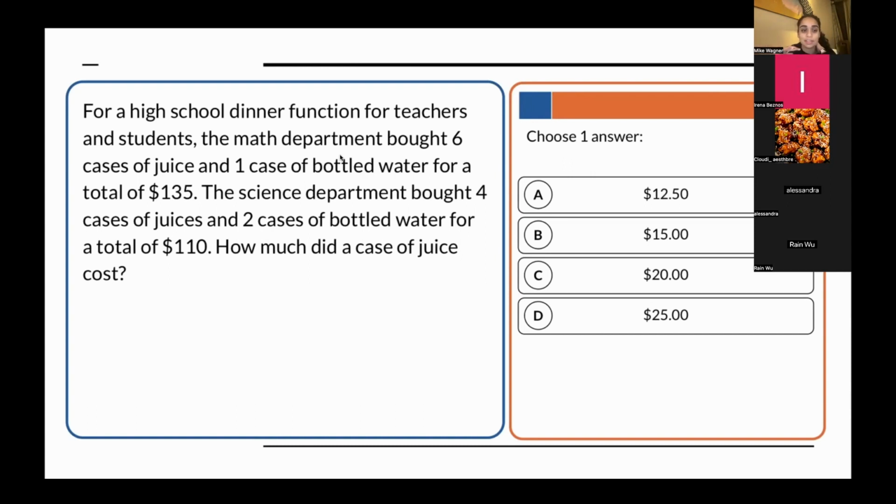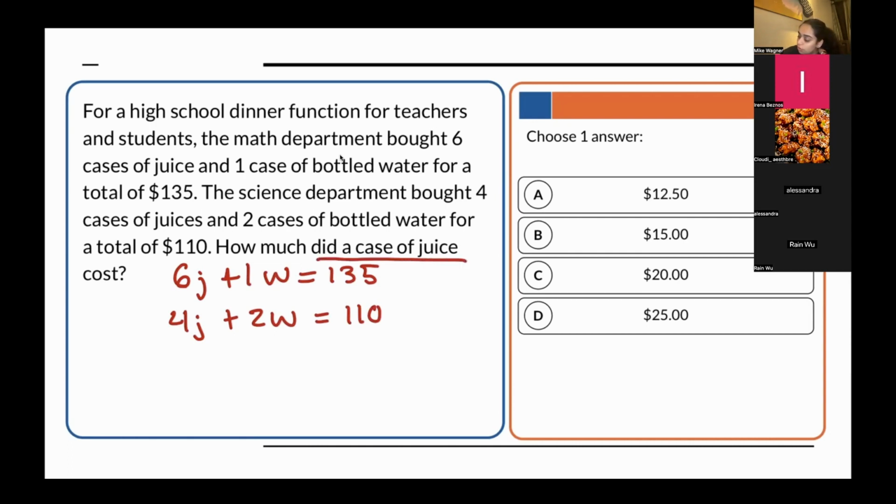Sometimes word problems just give us the equations really nicely. So we have 6 juice plus 1 water equals 135. Then the science department brought 4 cases of juice and 2 cases of bottled water for a total of $110. 4J plus 2W equals 110. The question asks, how much did a case of juice cost?